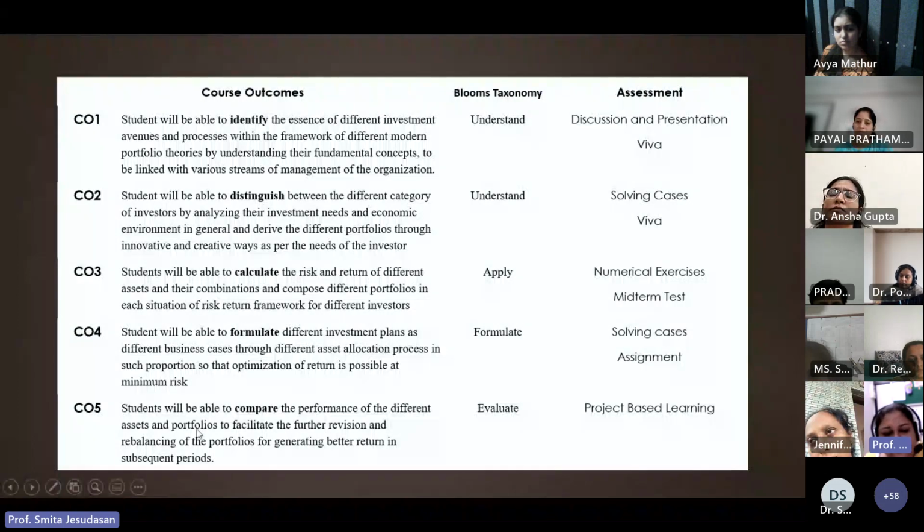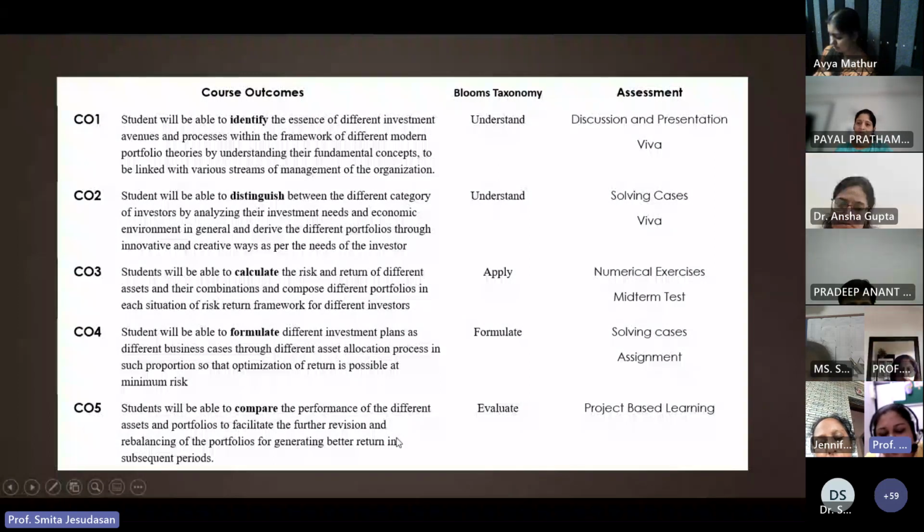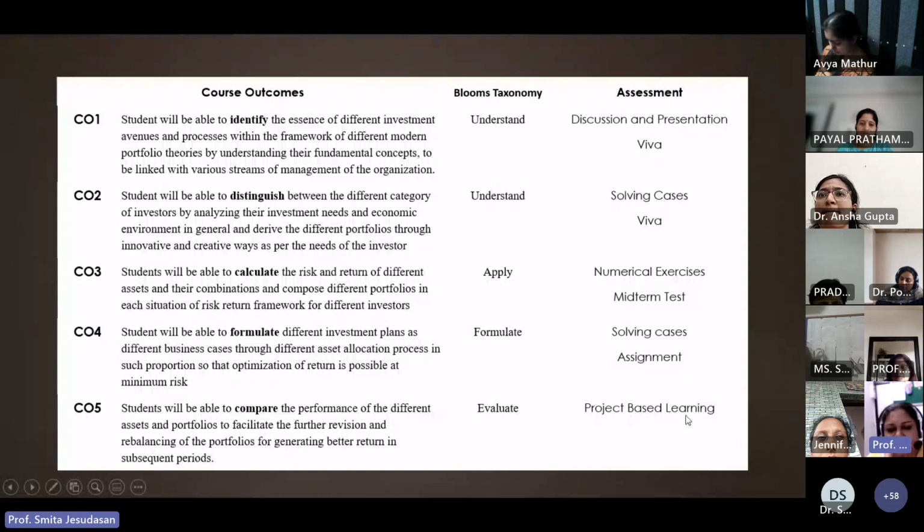Next, coming to CO5. Now here CO5 will be evaluating different portfolios. Now evaluation can be done based on a particular standard. So here this is done through project based learning. So if you see this course plan, it has suitable measures based on Bloom's taxonomy.